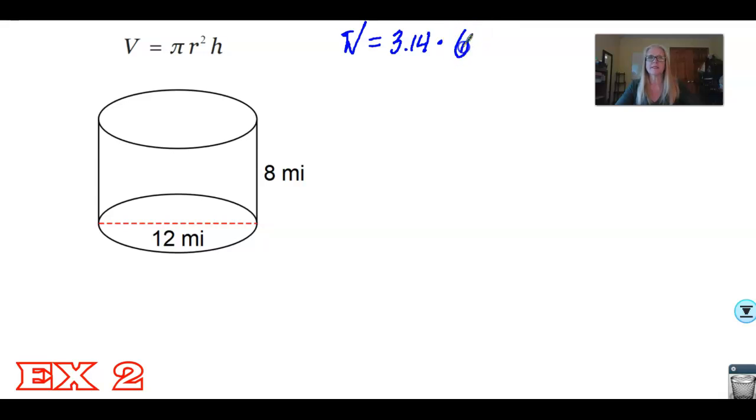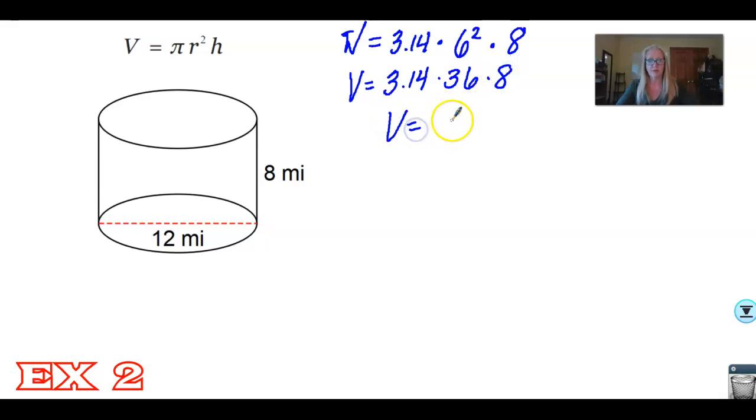So the radius would be 6 squared times the height, which is this distance here, 8. When we put all that in the calculator, of course, 6 squared is 36 times 8, and we plug it all in, and we will get 904.32. Multiple choice answer might be 904.3.